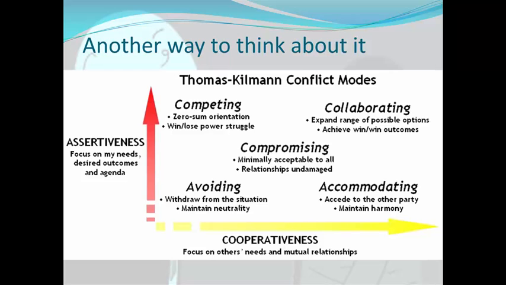Compromising, interestingly enough, we often talk about as being very positive, like in everyday language, we just need to compromise. It's important to remember that compromising is actually everyone's giving a little something up, right? So yeah, we're okay with the ending. This is really the very bottom level of what's going to be acceptable to everybody.